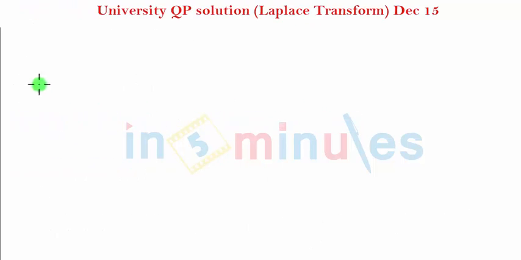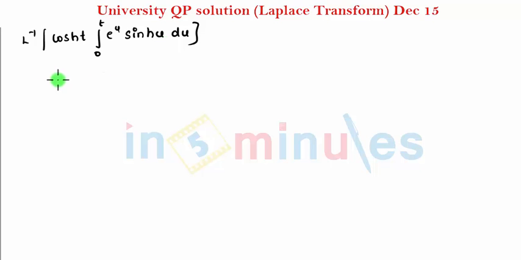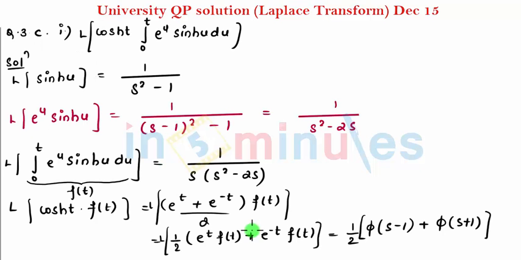I can say my L inverse of cos hyperbolic t times the integral from 0 to t of e raised to u sin hyperbolic u du is, since we have an answer but there is 1 by 2 outside, for the first term, that is for this term phi of s minus 1, substitute s minus 1 here.